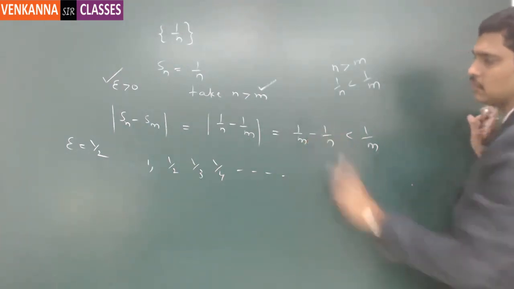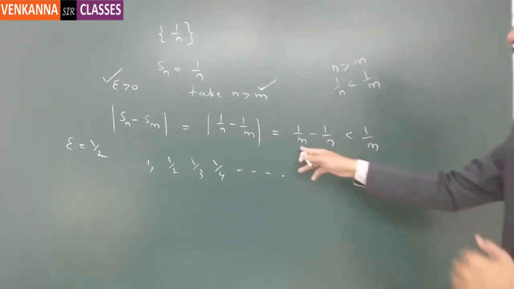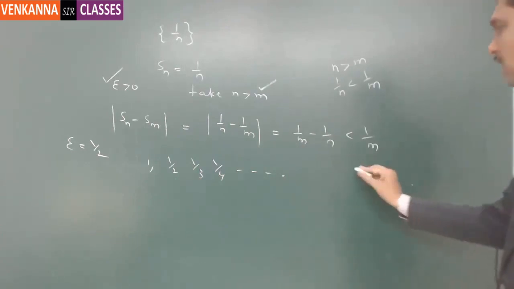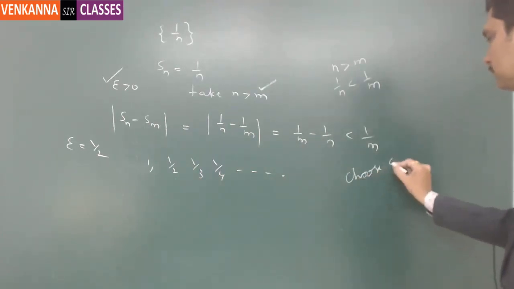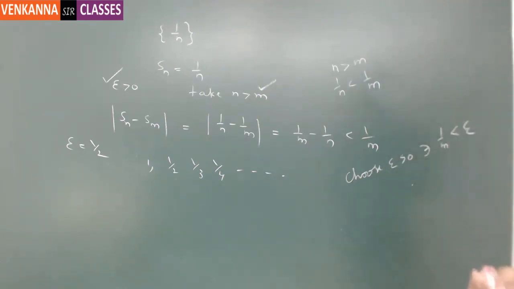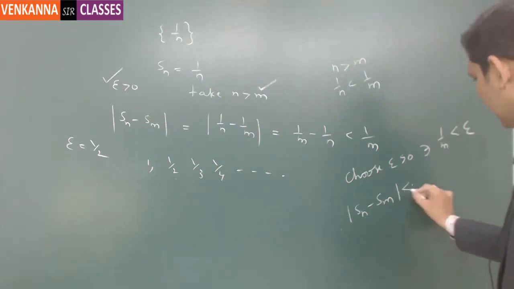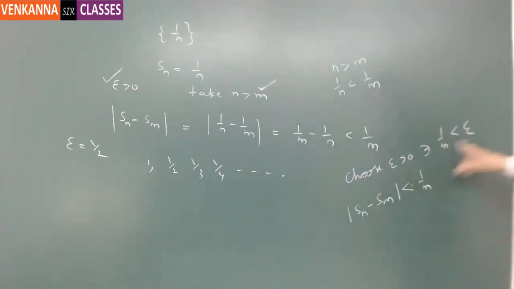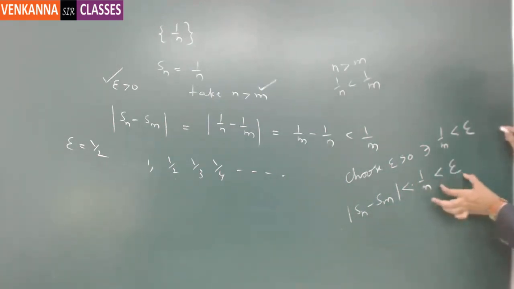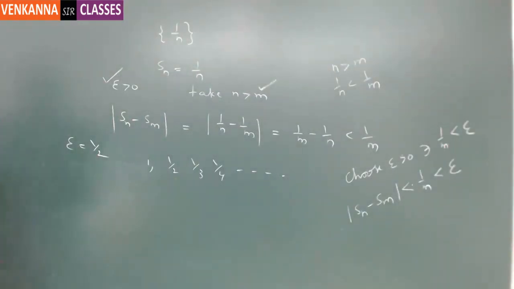So obviously the result is always less than 1 by m because you are taking something out of 1 by m. At this position, you choose epsilon such that 1 by m is less than epsilon. Why? Because this whole value Sn minus Sm is less than 1 by m, and if 1 by m is less than epsilon, obviously this will become less than epsilon, so you are done. Okay? Yes or no?